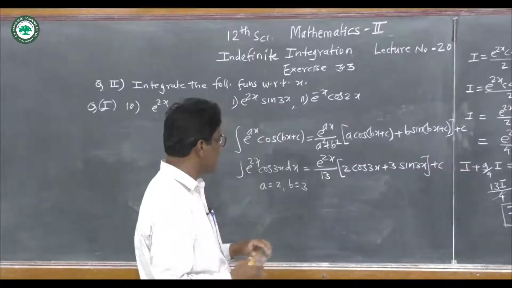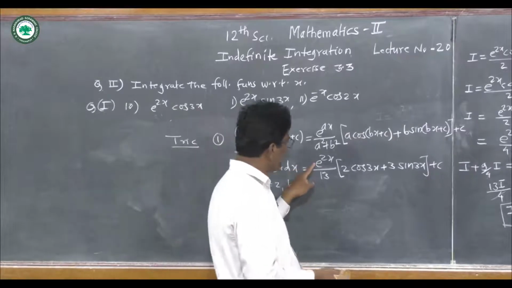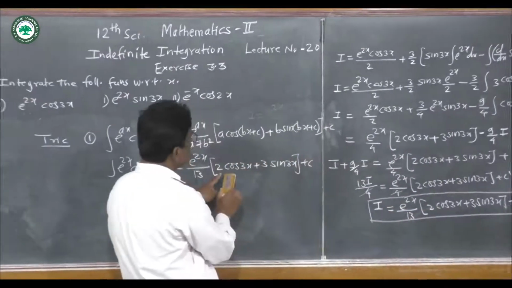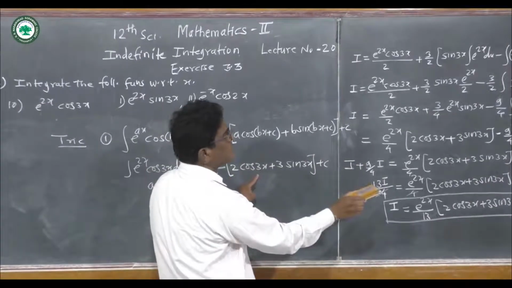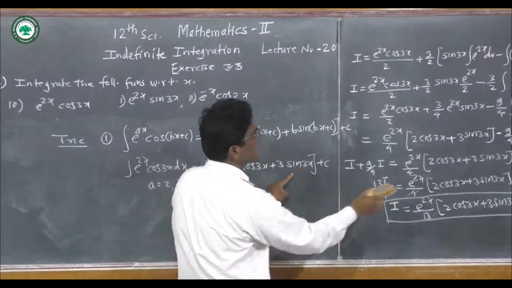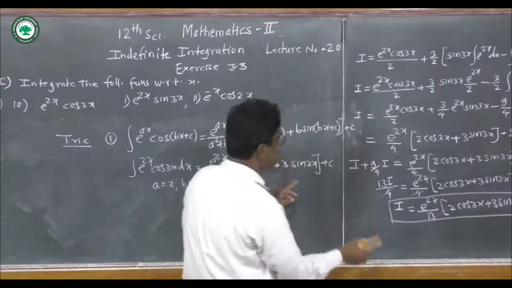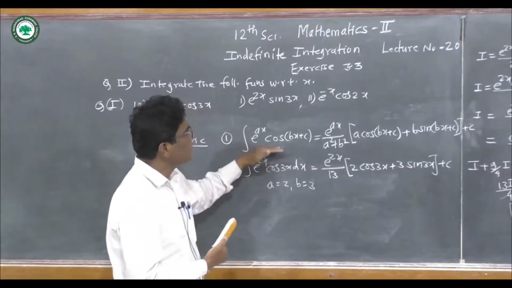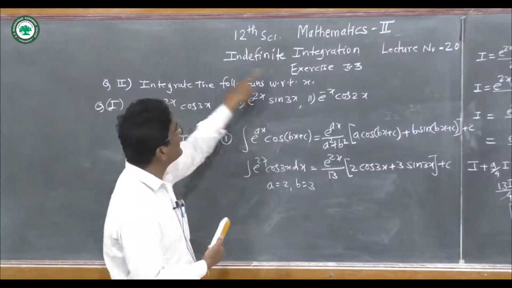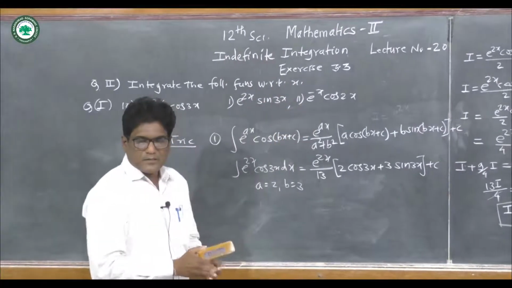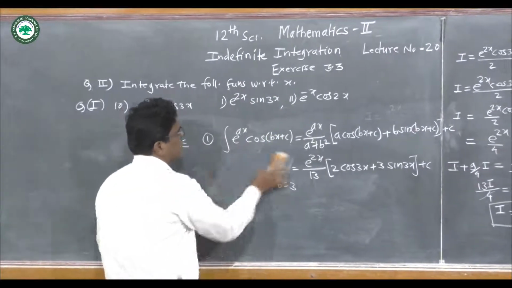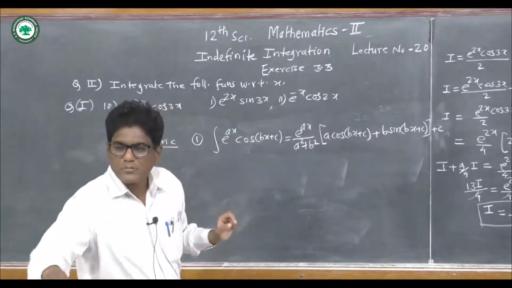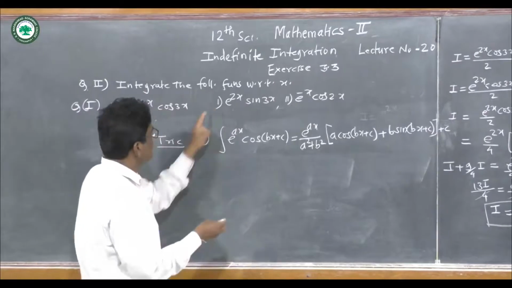So check whether the answer is the same: e to the power 2x upon 13, in the bracket 2 times cos of 3x plus 3 sin 3x. So the answers are the same, and so we use this formula directly to solve this problem. Now for the next problem there is another formula.